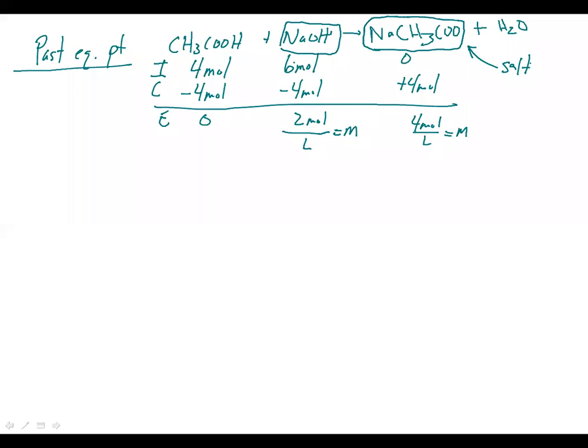So it will be able to act as a base. But we also have this other guy over here, which is obviously sodium hydroxide, a strong base. And between the two, obviously, sodium hydroxide is a much stronger base than the sodium acetate.